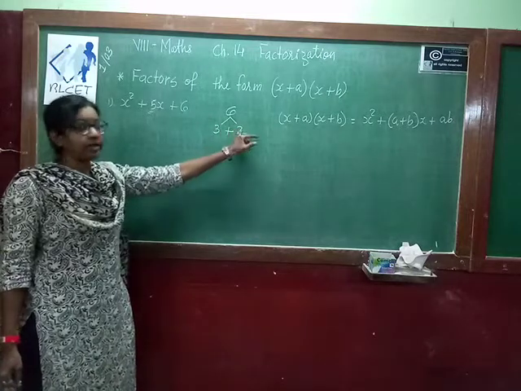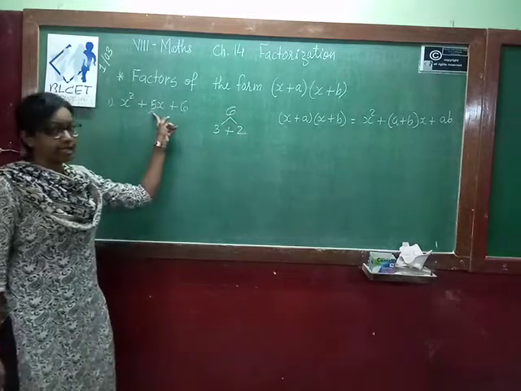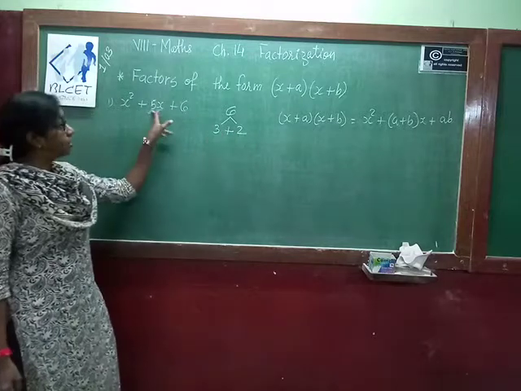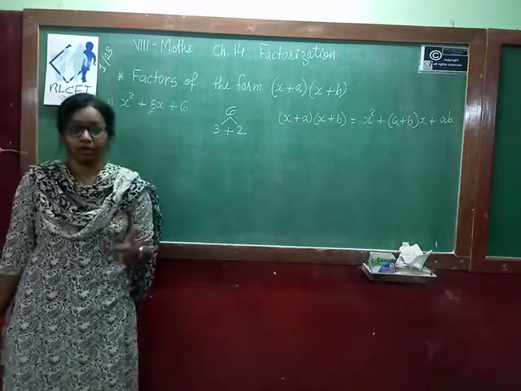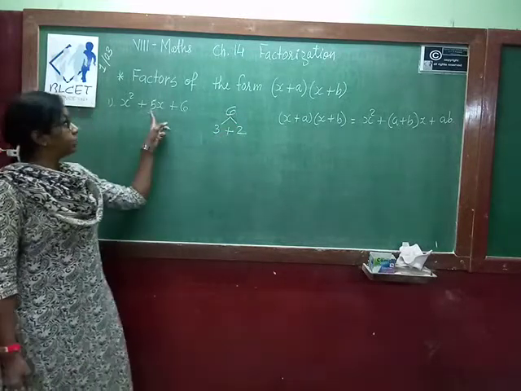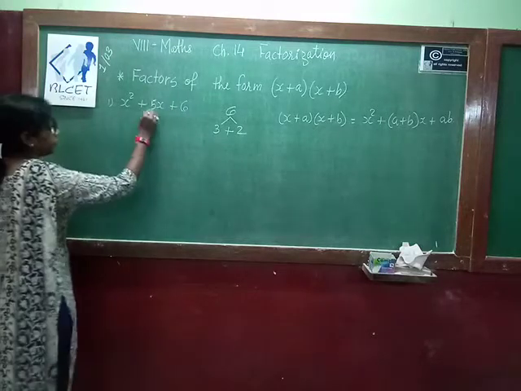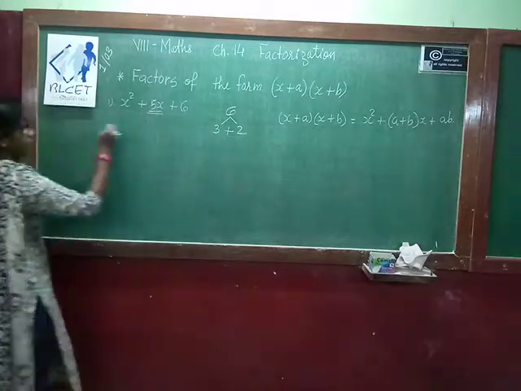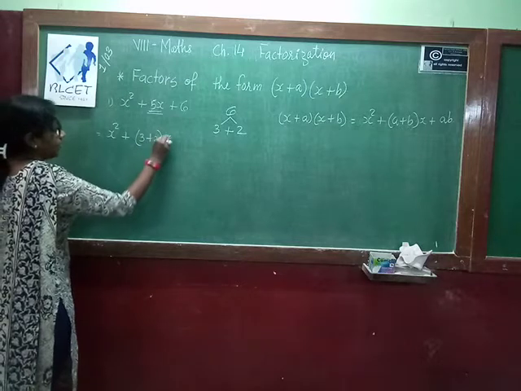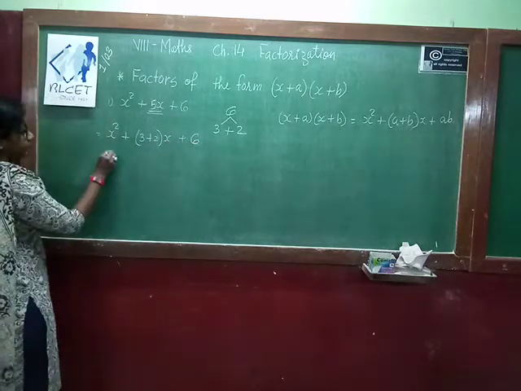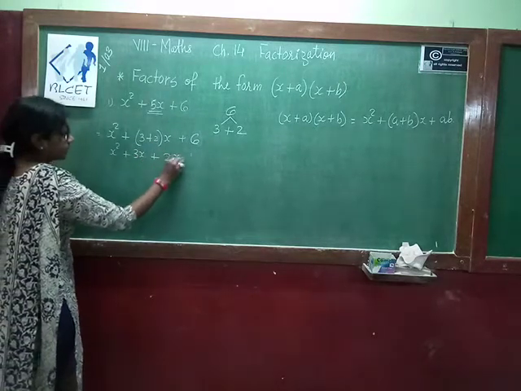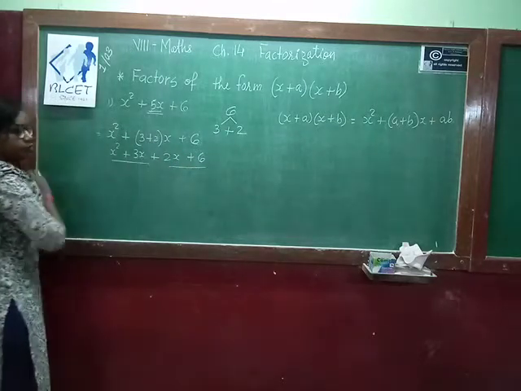A into b will give you 6 and a plus b will give you 5. Plus 6. Now make the regrouping method.